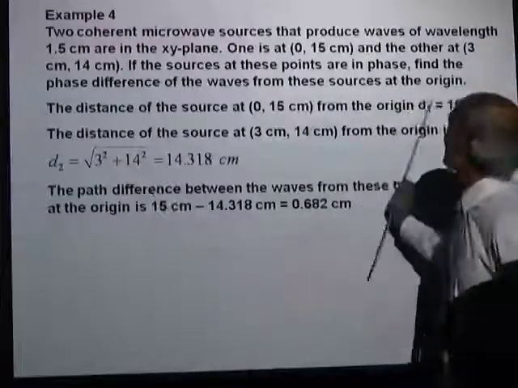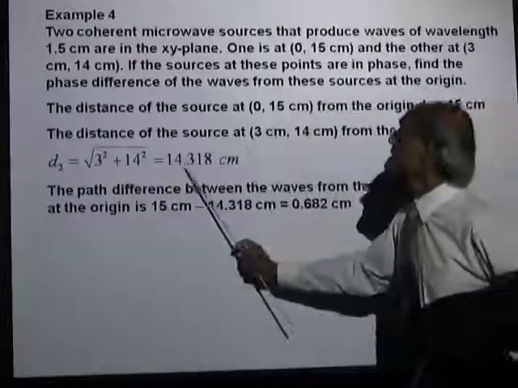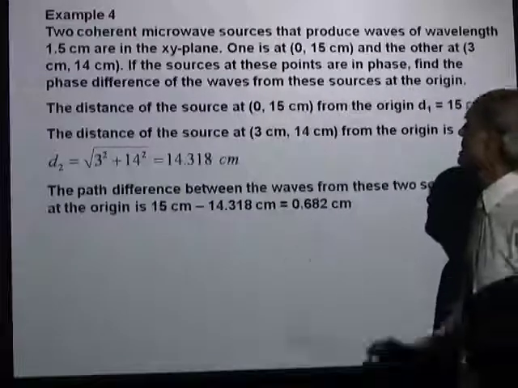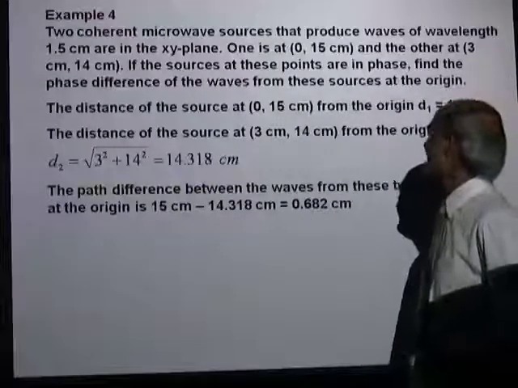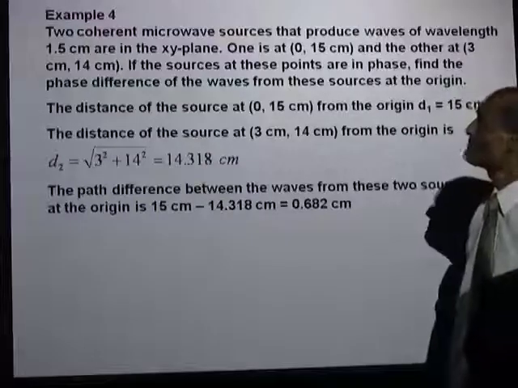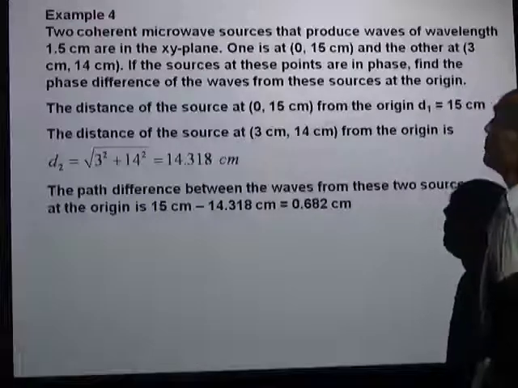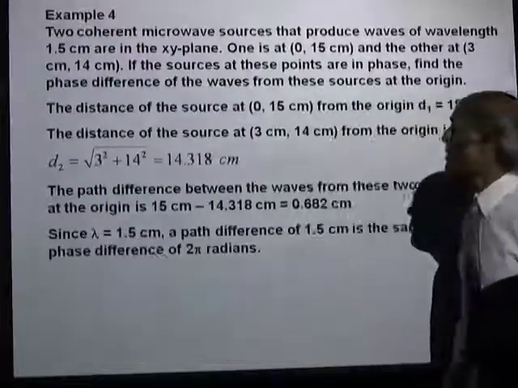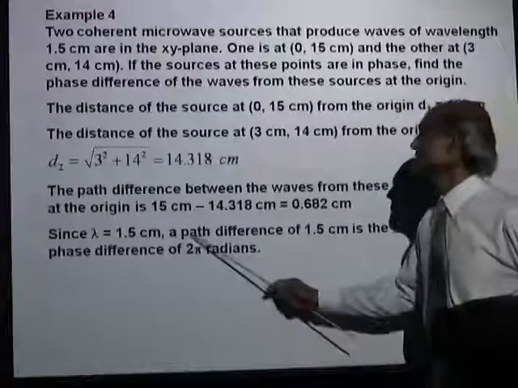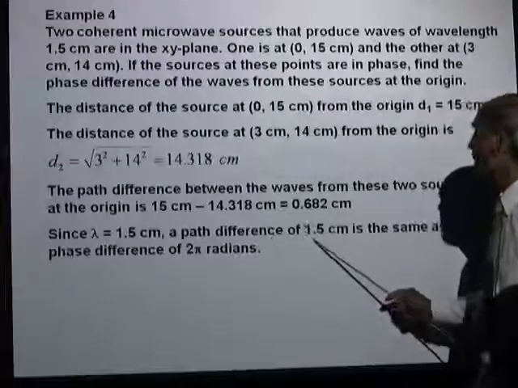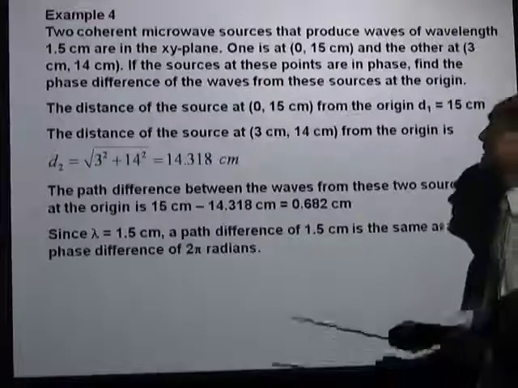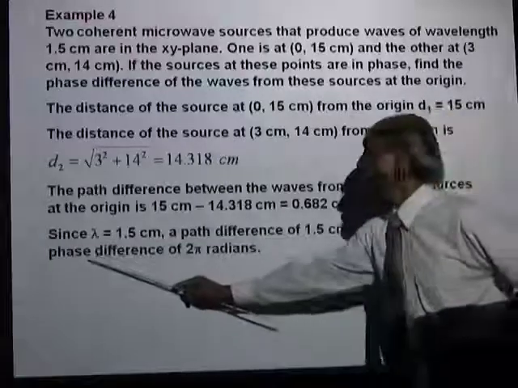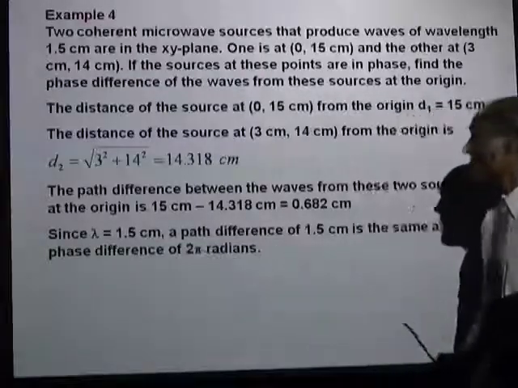Now, what is the path difference between these two waves? The path difference will be 15 centimeter minus 14.318 centimeter, which is 0.682 centimeter. Well, since one wavelength is 1.5 centimeter, the path difference of 1.5 centimeter is the same as a phase difference of 2 pi radians.